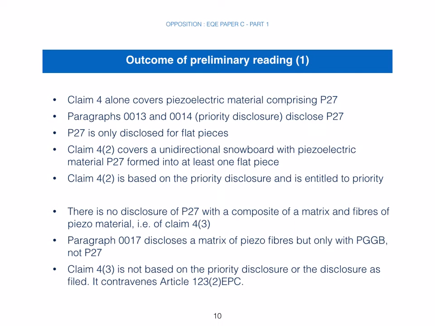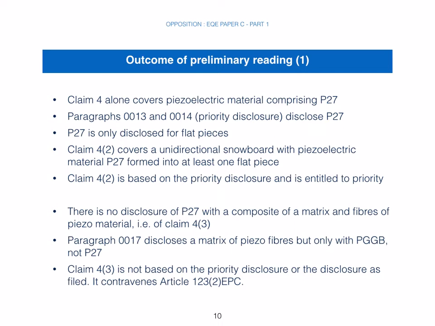They are not disclosed in combination with P27. So there is no disclosure of P27 in the application as filed or in the priority document, and we deduce that claim 4, when it depends upon claim 3, contravenes Article 123(2) EPC, because the subject matter of that claim was not disclosed in the application as filed.